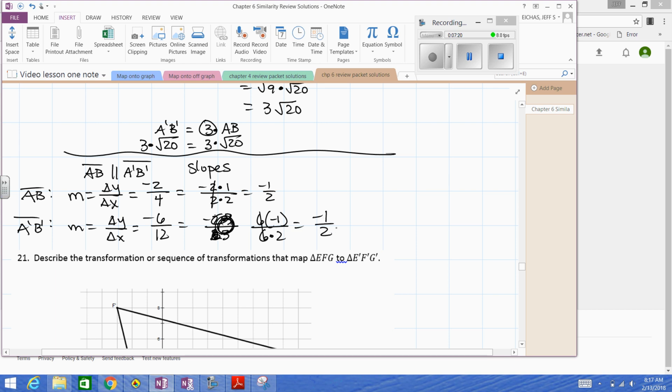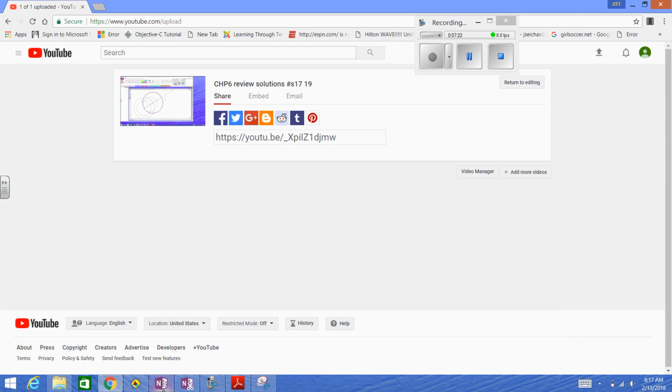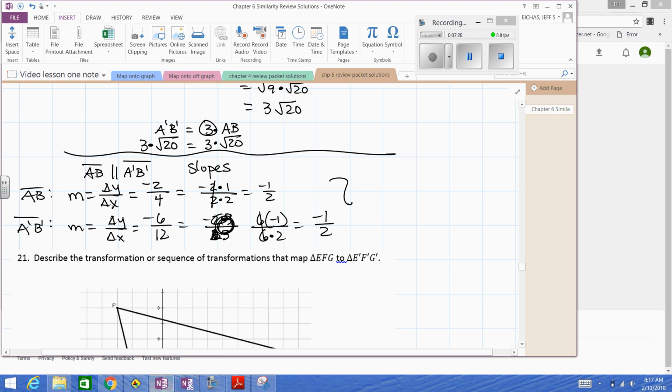That's also negative 1/2. Okay, all right. So these slopes are equal. What I'm going to say is AB is now parallel to A prime B prime because their slopes are equal.